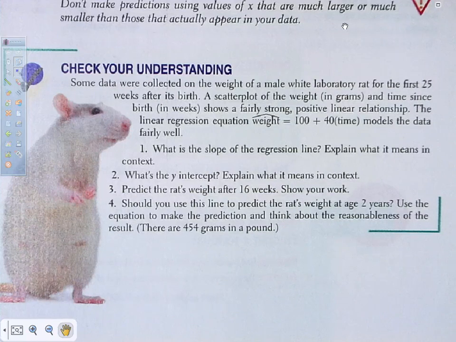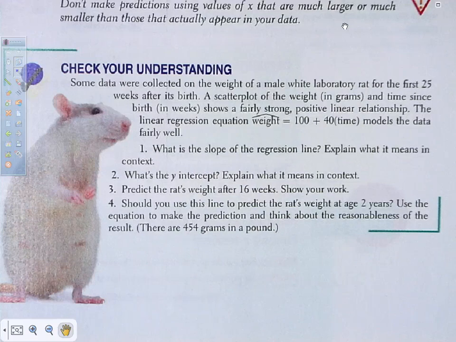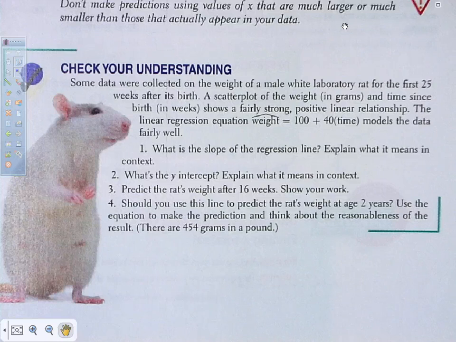Take a look at that check your understanding. It gives you an opportunity to take a swing at interpreting in context the slope and y-intercept for a regression line, and a couple of extending questions there. So take a shot at it, see what you come up with.